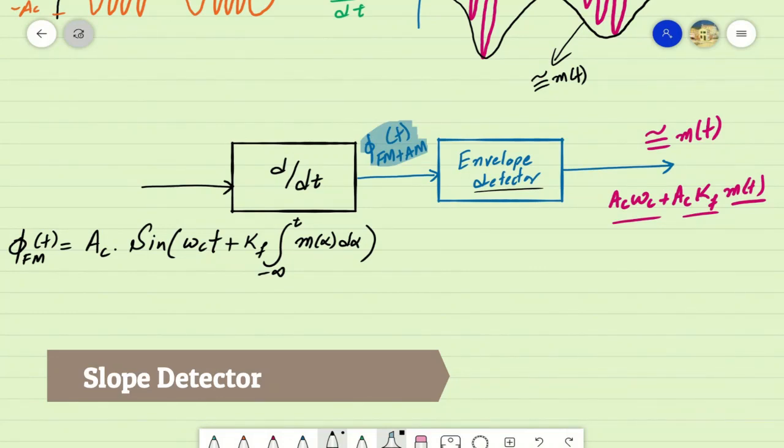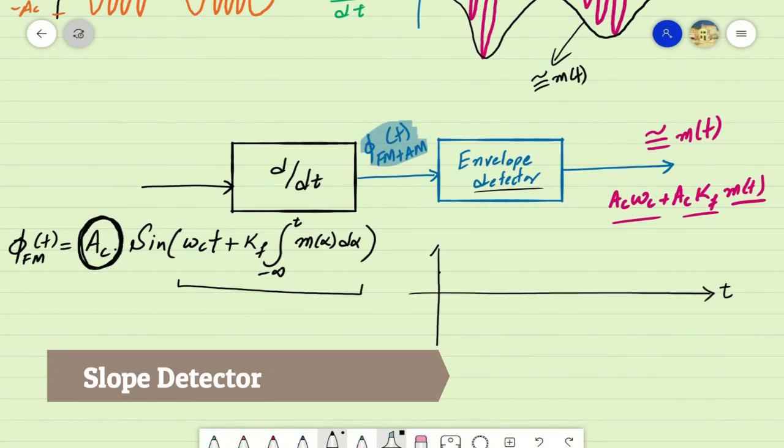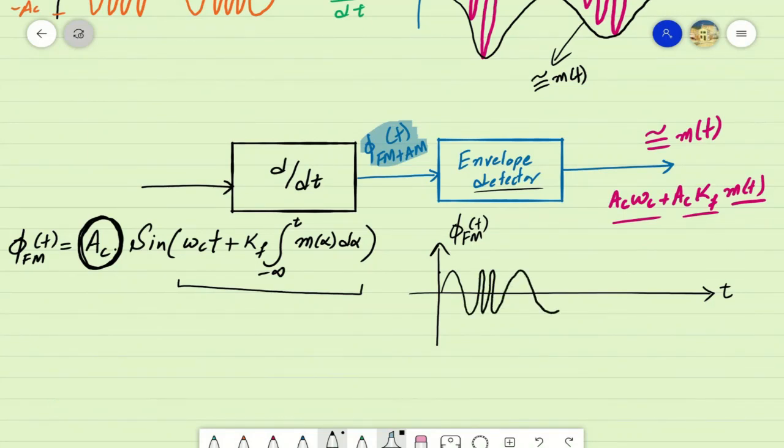For example, we have considered an ideal frequency modulated signal here. An ideal case has a constant peak amplitude across all the time intervals of this signal. That is, along time, we have considered a fixed peak amplitude where the frequencies of this signal vary with respect to time, and any change in frequency represents the information signal, while the peak amplitude is constant throughout all the time instances.